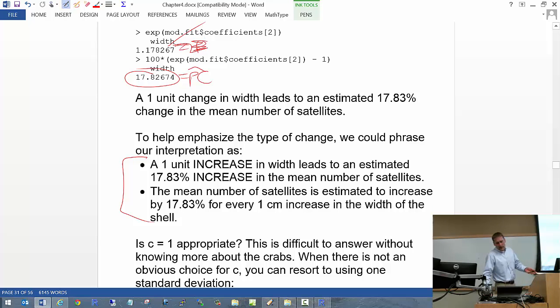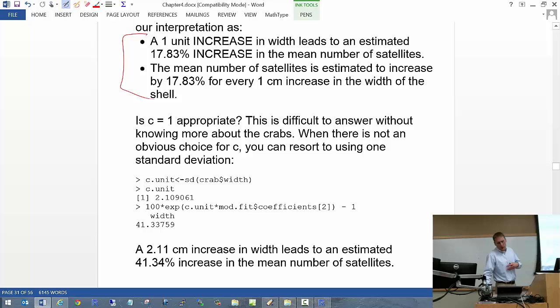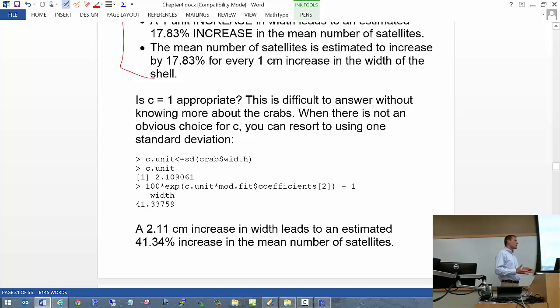So what if you don't know what c should be? 1 seems to be fine in this particular case, but perhaps you might be left with a situation where you don't know what to choose for c. And just like what we saw with the Wheat data set in Chapter 3, what you could do is use a 1 standard deviation increase in your x.